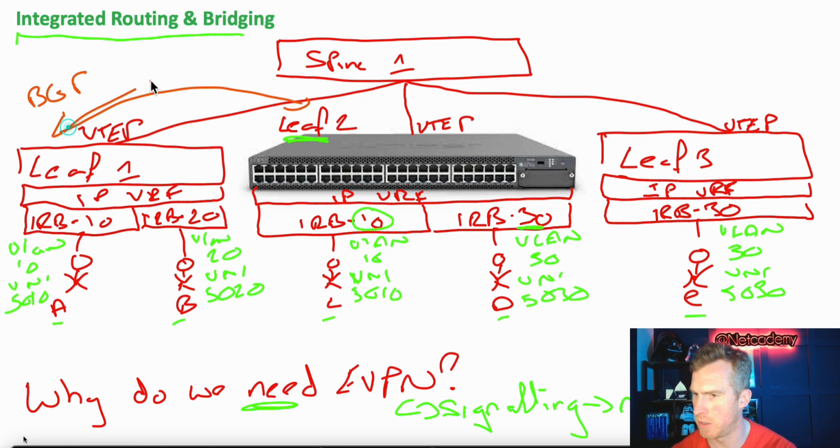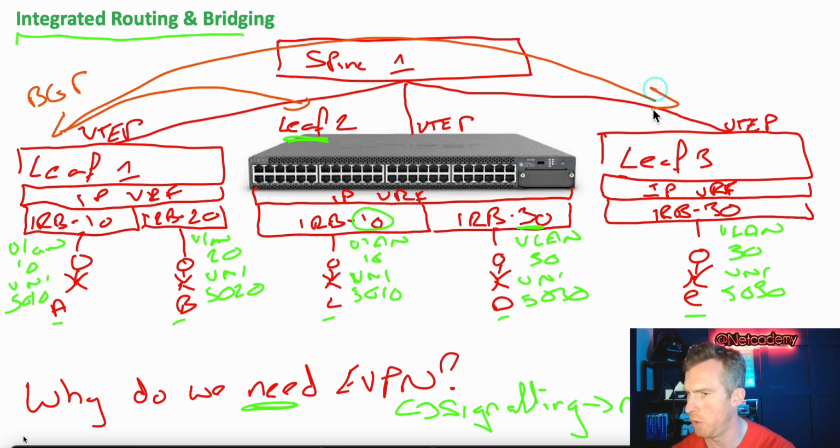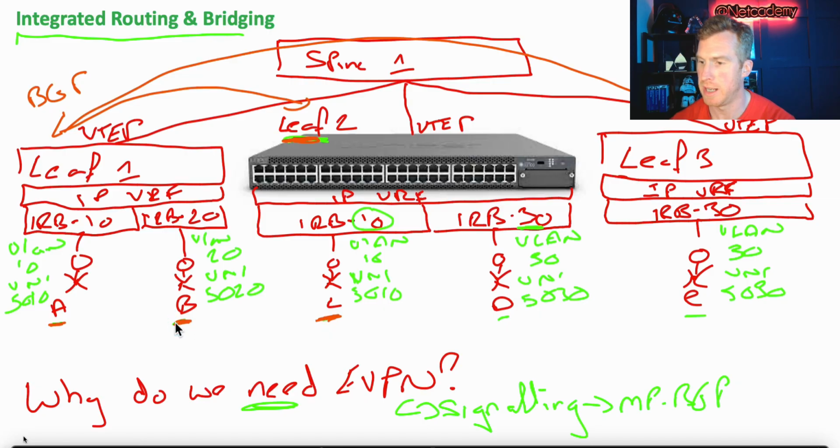Leaf 1 would advertise through spine 1 to leaf 2 and leaf 3 that user A with this MAC address is connected to leaf 1, and that would be advertised over to leaf 2 because leaf 2 has user C, which is connected to itself. It's interested in that traffic. We can see for user B that there are no other tenants out there that are interested in that traffic, in VNI 5020, keeping it simple. But we do have user D and user E, which are in VNI 5030.